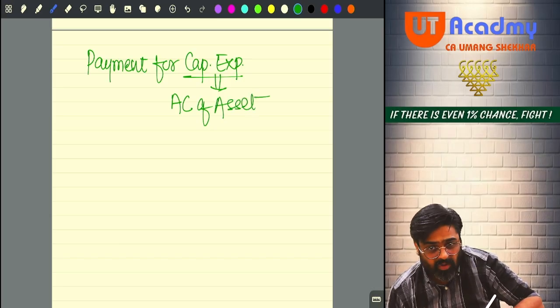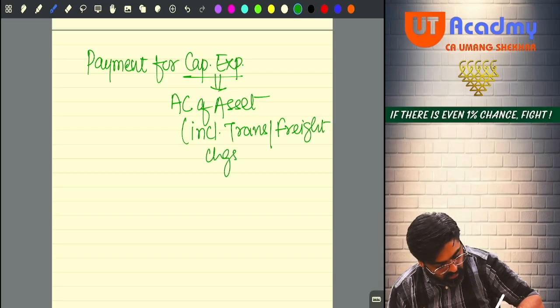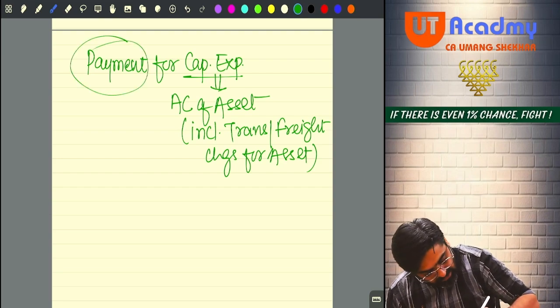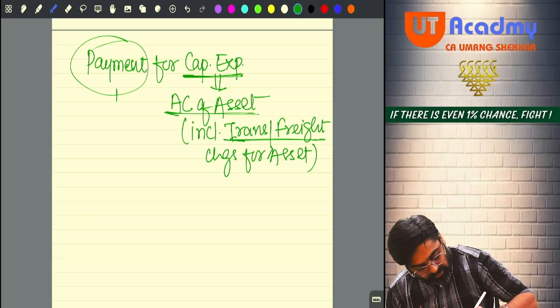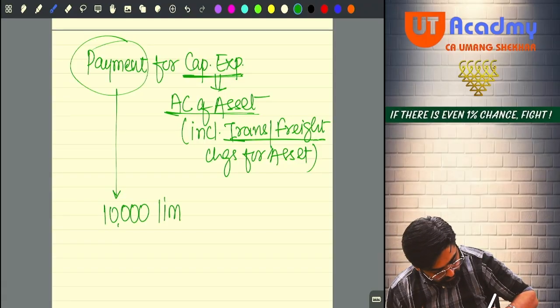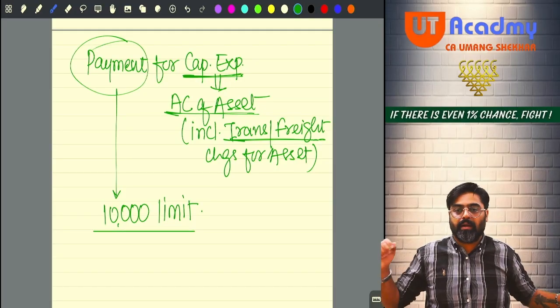And my dear friend, this actual cost of the asset includes what? Transportation and freight charges for the asset. Yes or no? This is also included in the actual cost of the asset. This is also your capital expenditure. Any payment for this capital expenditure, meaning the actual cost of the asset, which also includes transport and freight charges, for this payment please check the 10,000 limit only. Understanding?